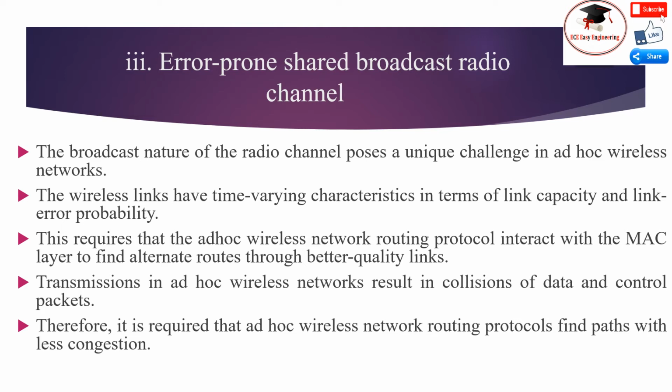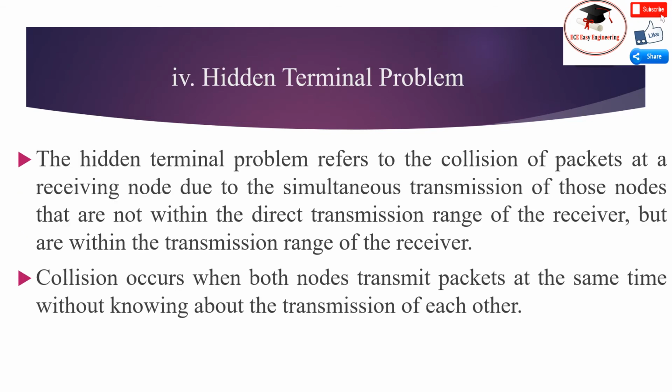This requires that the ad hoc wireless network routing protocol interact with the MAC layer to find alternate routes through better quality link. Transmission in ad hoc wireless networks results in collision of data and control packets. Therefore, it is required that ad hoc wireless network routing protocols find paths with less congestion.